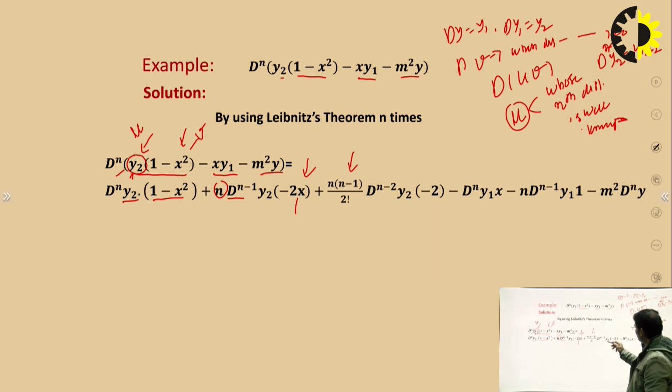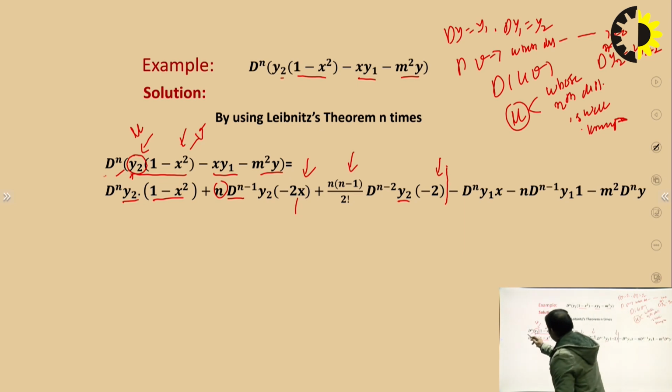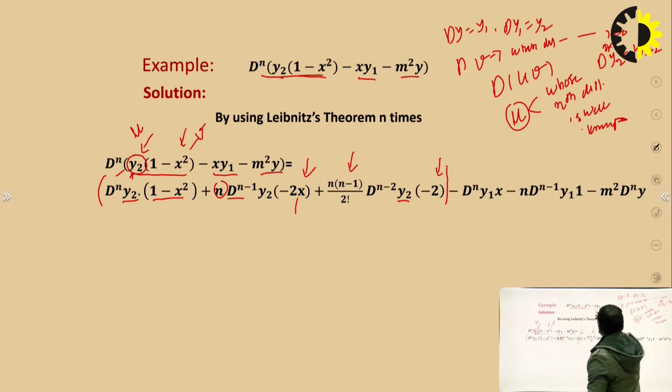Then the n minus 2 time differentiation of y2, and then the 2 time differentiation of 1 minus x squared, which is minus 2. So here you can see the end of the Leibniz theorem on this term only. Now this d2 to the power n is supposed to be here, and you can see we have taken minus here.